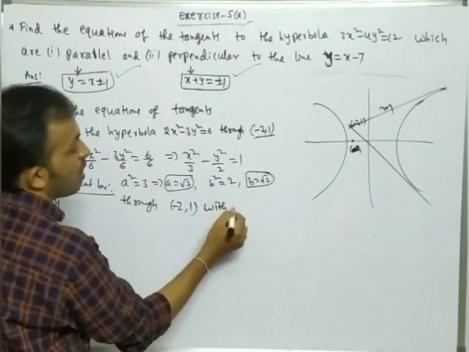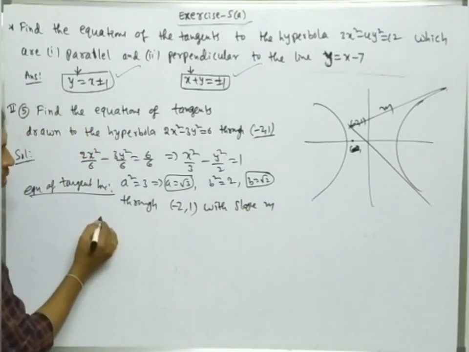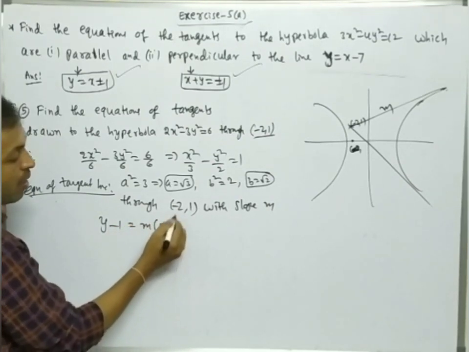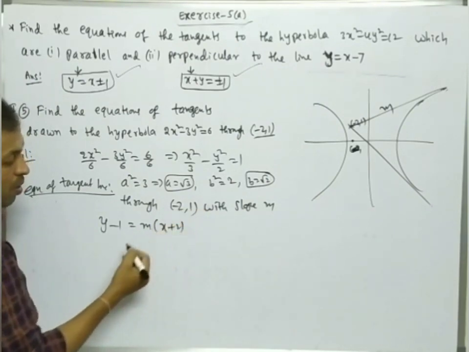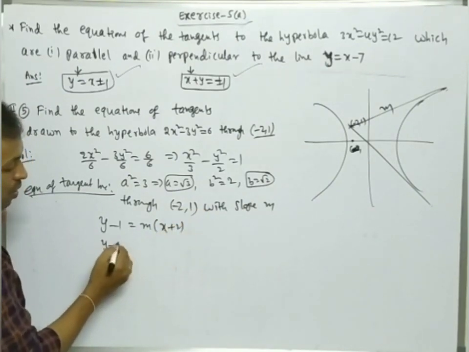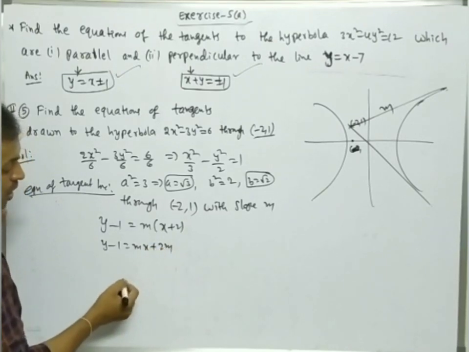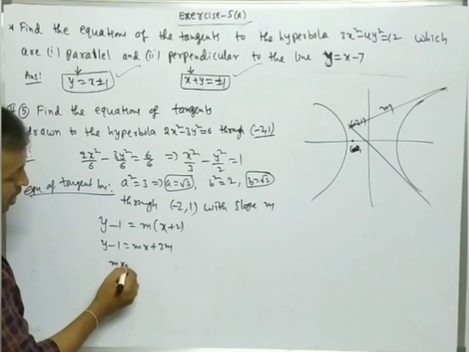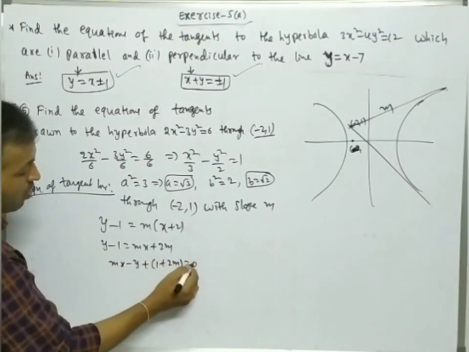With slope m, what is the equation? y minus y1 is equal to m into x minus x1, that is x plus 2. So y minus 1 is equal to mx plus 2m, right? Now mx minus y plus 1 plus 2m is equal to 0.